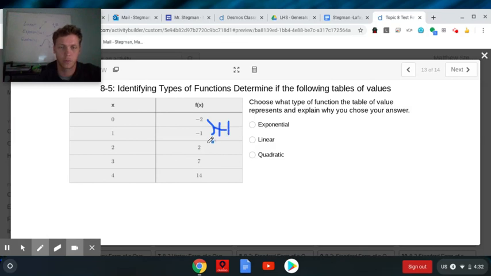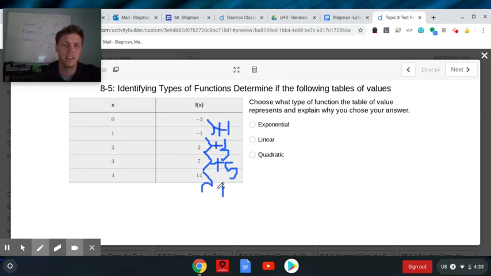From -1 to 2, I'm adding 3. From 2 to 7, I'm adding 5. And then from 7 to 14, we're adding 7.